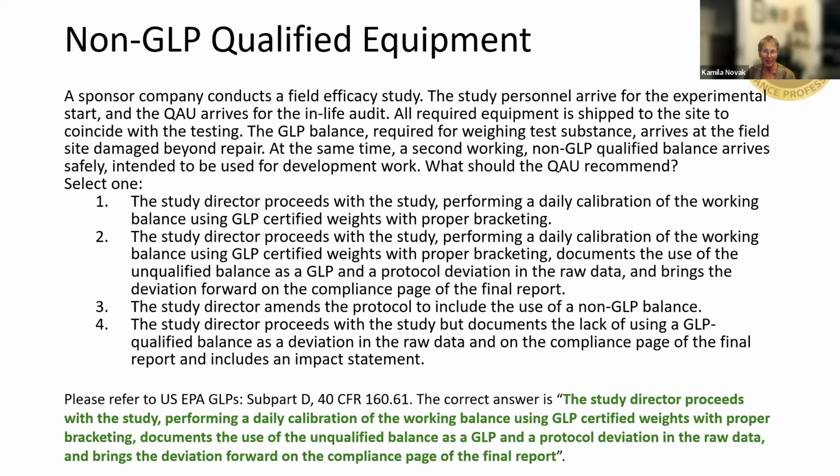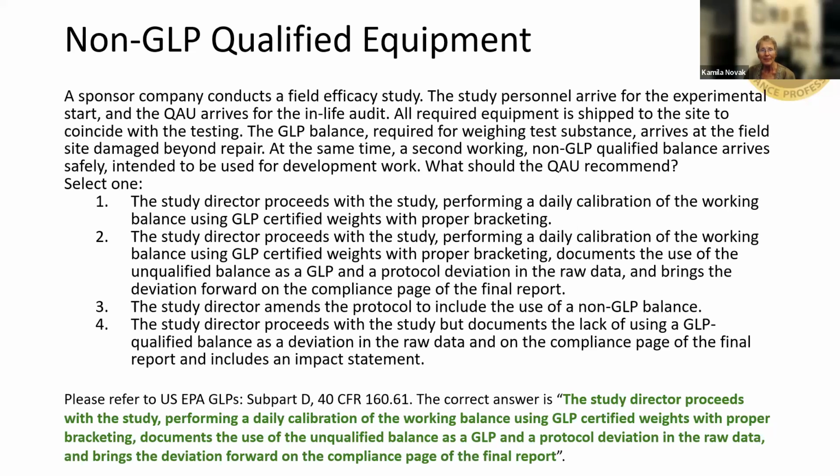Yeah, this is definitely very tricky because I know that it kind of confused me with impact assessment. My thought is that the reason number 2 is correct is because it gives a GLP deviation and also says what did they really do, even though they really did a GLP deviation.